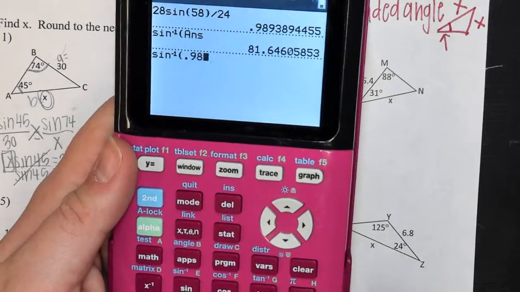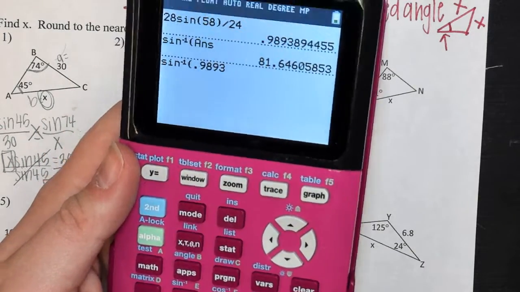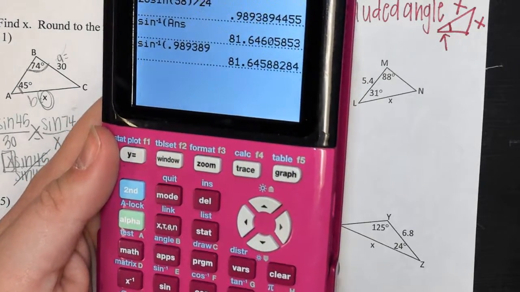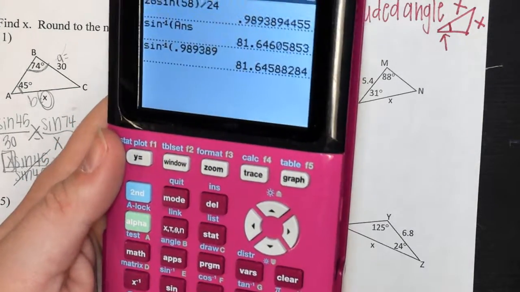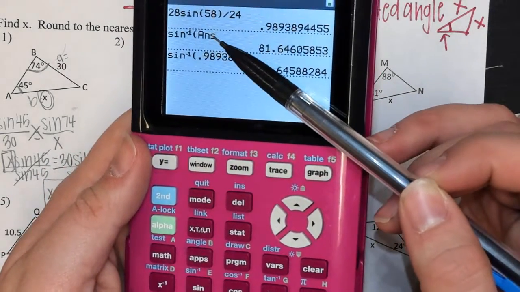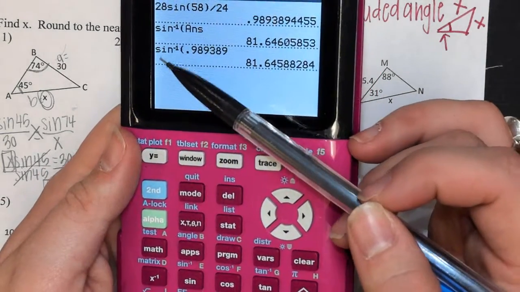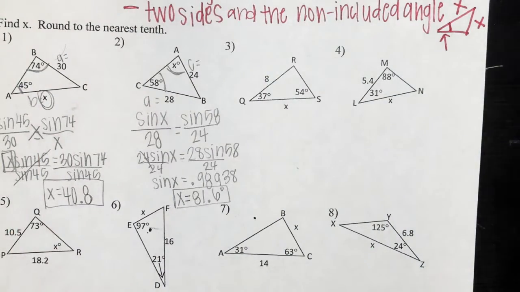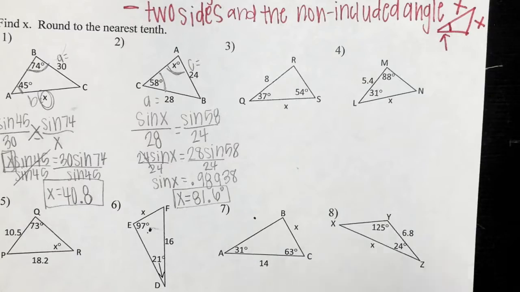So 0.989389, and you'll get the same thing. So if the second answer is not working for you, just do second sine inverse and plug in those numbers. Let's move on. Number 3.